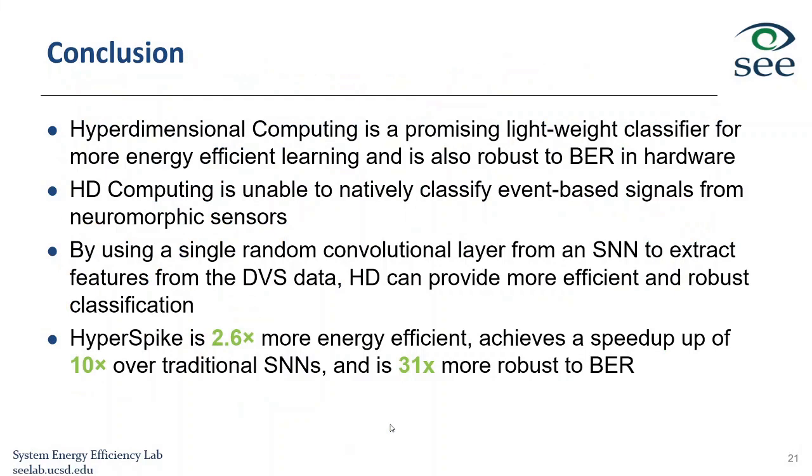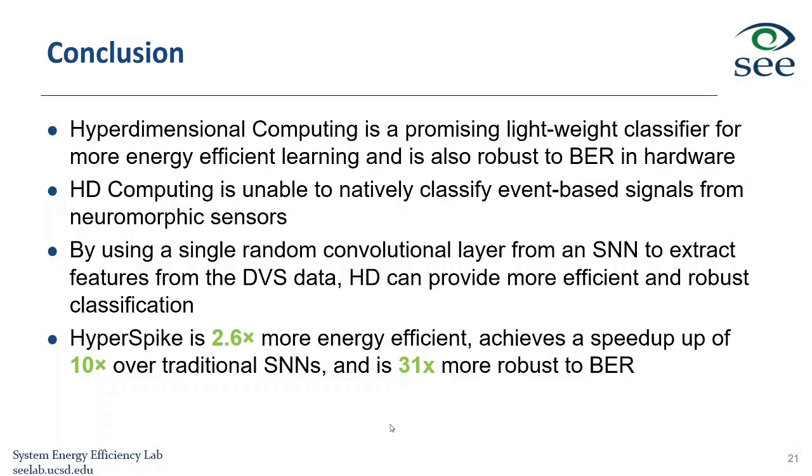So in conclusion, hyperdimensional computing is a promising lightweight classifier for more energy efficient learning and is also robust to bit error rates in hardware. And we show this experimentally in our paper. HD computing is unable to natively classify event-based signals from neuromorphic sensors.